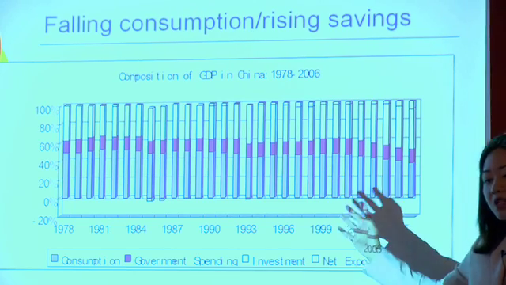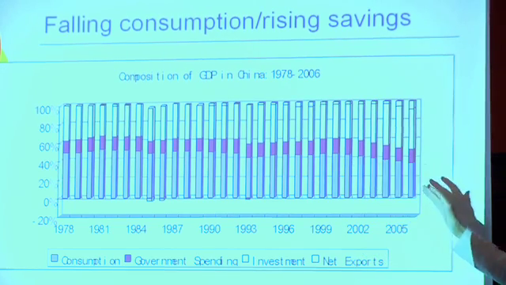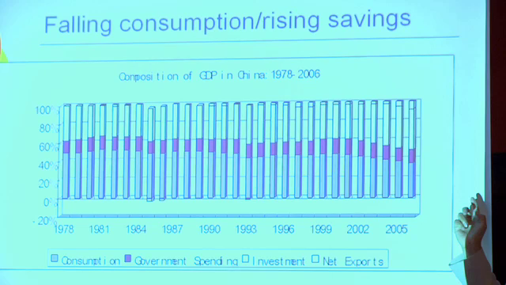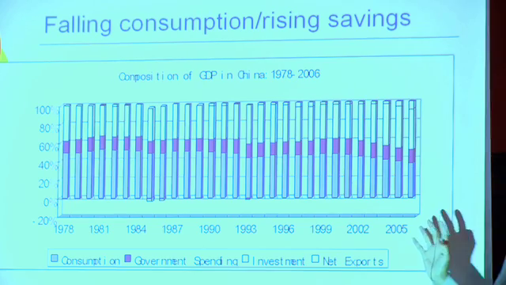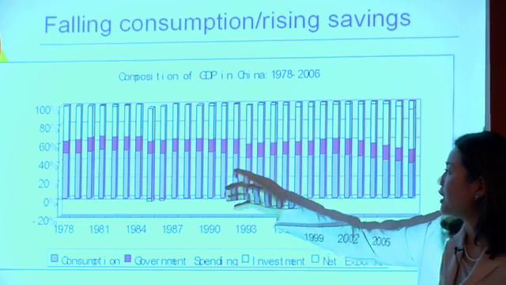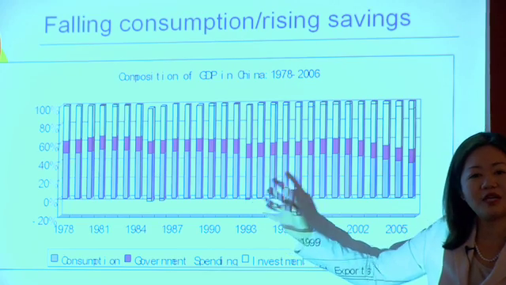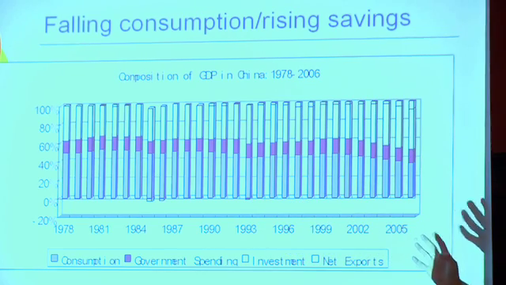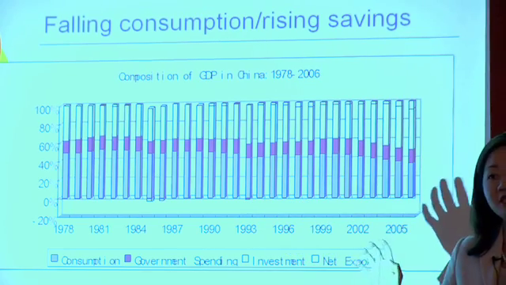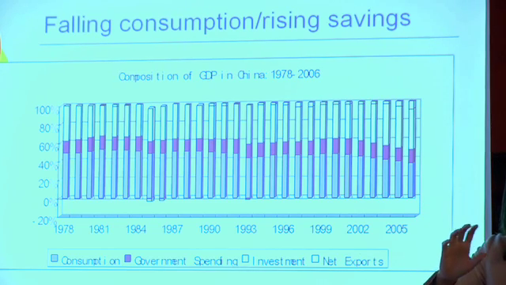But the other feature I want to show you on this chart is that China has had a falling consumption rate throughout this decade. This is the other side of the U.S. savings rate that I mentioned earlier. As China has grown, its consumption rate used to be about half of GDP, which is about what it is for market economies. Between half and 2/3 is about what it is for most market economies.